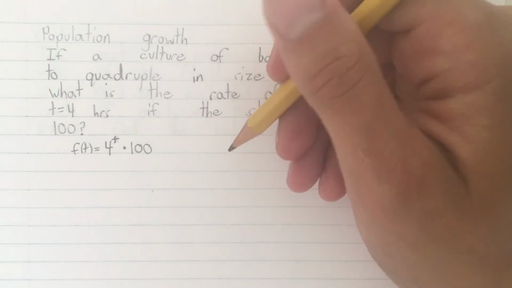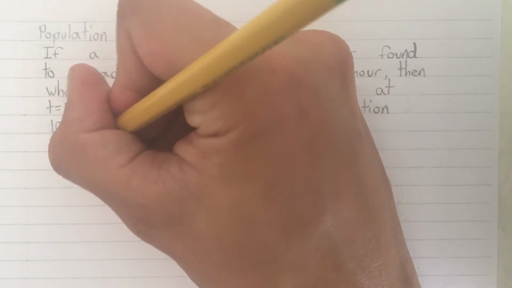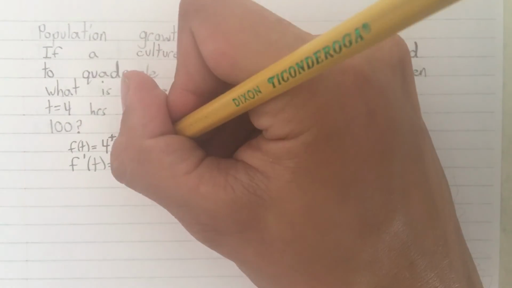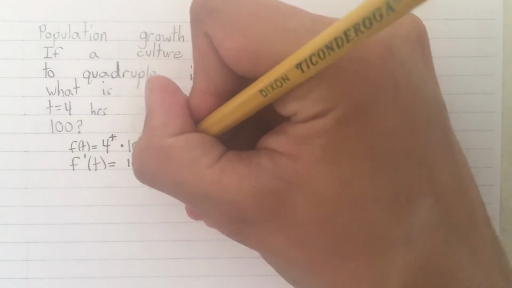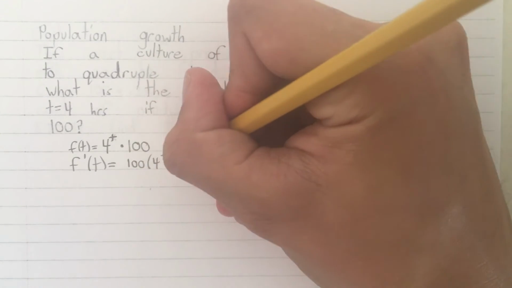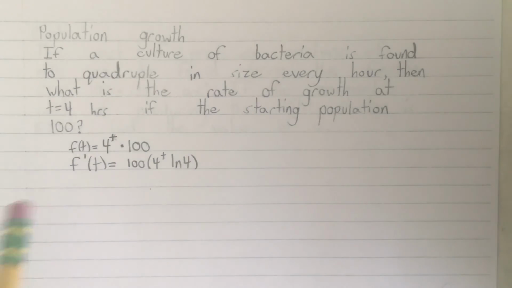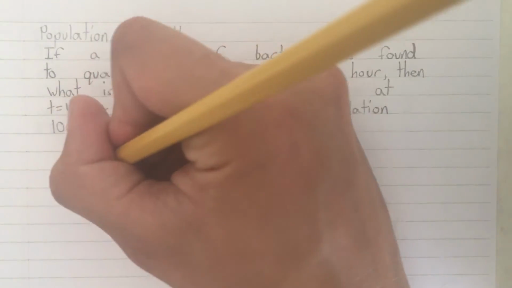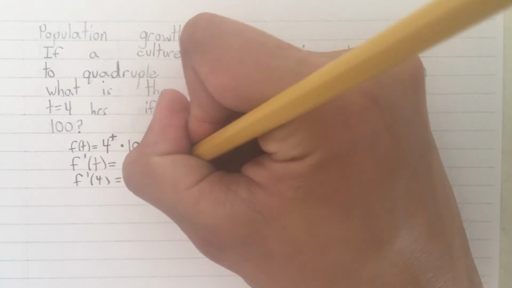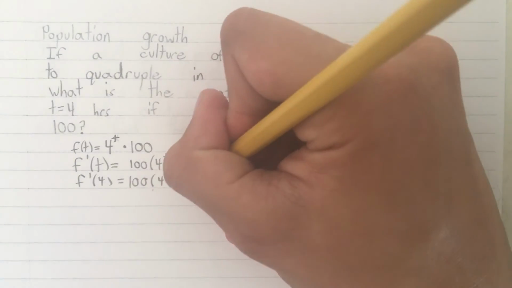And then since we want to find the instantaneous rate of growth, we're going to just take the derivative. So f prime of t is going to equal 100 times 4 to the t ln 4. And then we plug in the time of 4 hours. So f prime of 4 is going to equal 100 times 4 to the 4 natural log of 4.